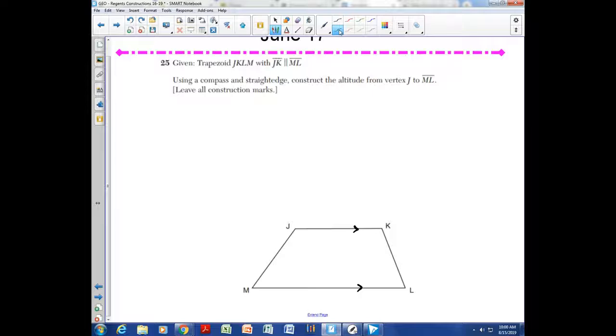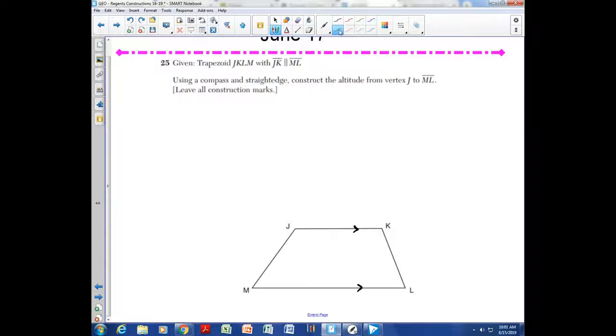the altitude would need to be a line segment that connects those two bases, base 1 and base 2, and is perpendicular to both of them. And the only way that it's going to be perpendicular to both of them is if they are parallel. So that makes sense.